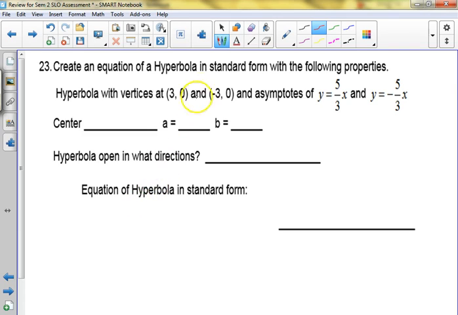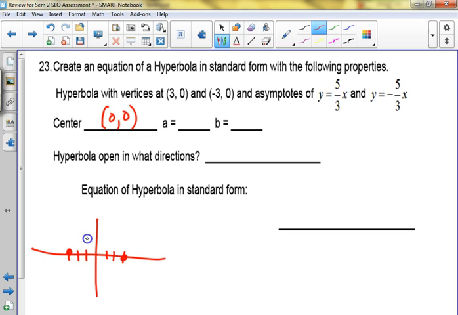All right, where's the center if the vertex, I have to sketch these. It says the vertices are at 3, 0, negative 3, 0. What does that mean about this hyperbola? The center is at 0, 0. How would you find it if it wasn't that sweet? Add them and divide by 2, you do the midpoint, right?